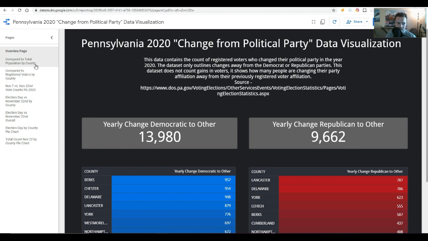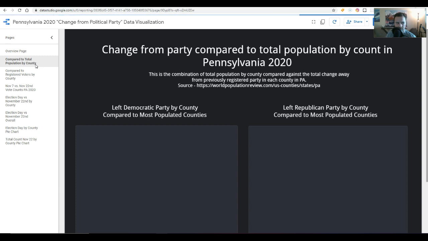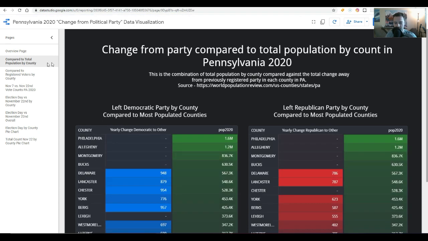Let me go to the next panel here. I work with PowerPoint too much, you can tell. This one is the change from party compared to total population by population count. I went to an open data source, worldpopulationreview.com, and got the total population per county in Pennsylvania.